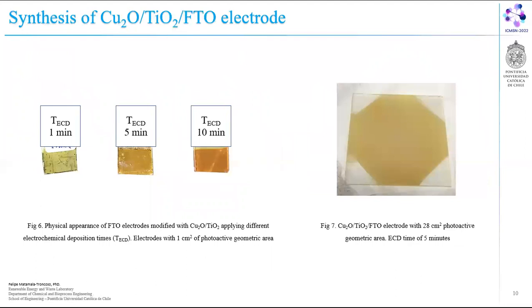Here are images of the physical appearance of the synthesized electrodes, with a geometrical area of cuprite deposit of 1 square centimeter and 28 square centimeters of deposit area to evaluate the scalability of the methodology.